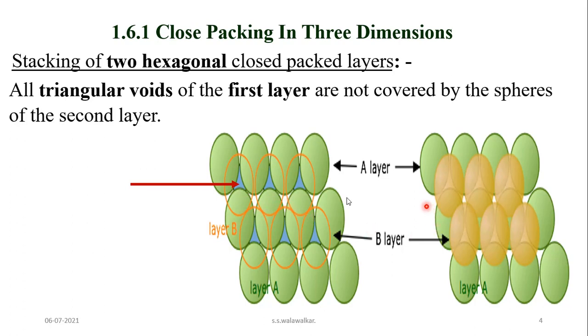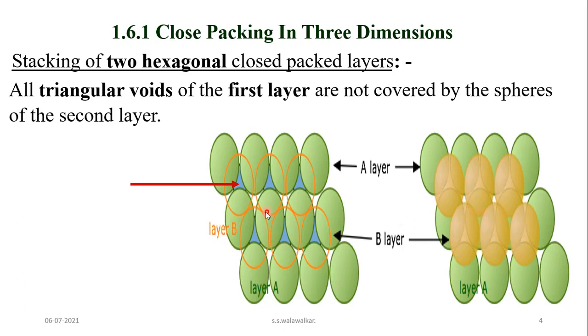If you observe this, all the triangular voids of the first layer are not covered by the spheres of the second layer. Here the blue colored triangular voids are covered by the spheres of the second layer, but these white colored triangular voids of the first layer are not covered by the spheres of the second layer, so these remain as they are. These are the white holes.